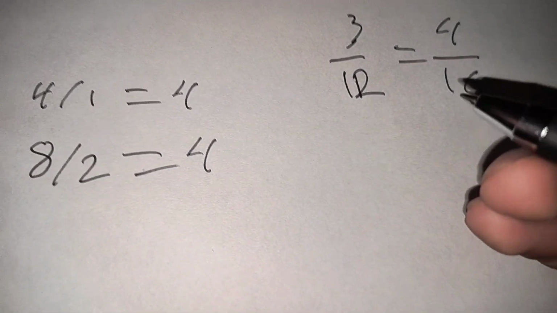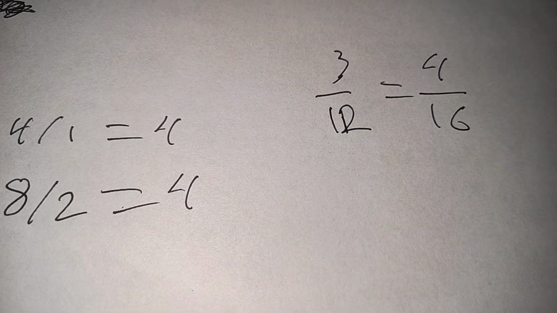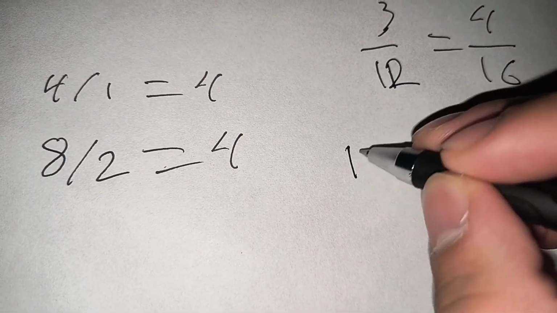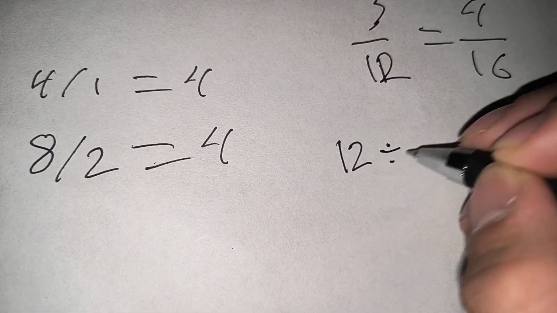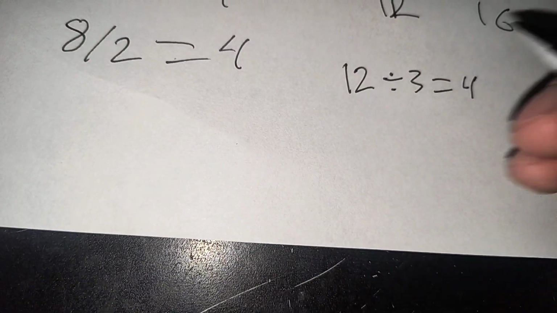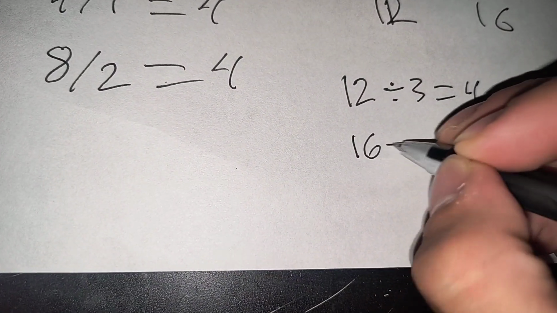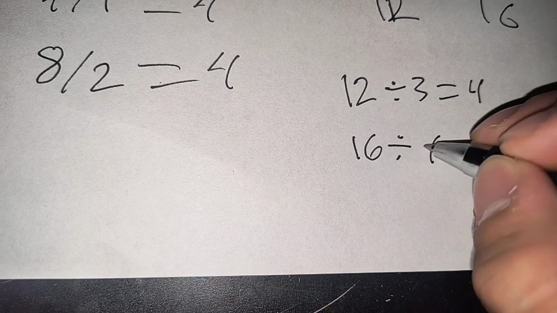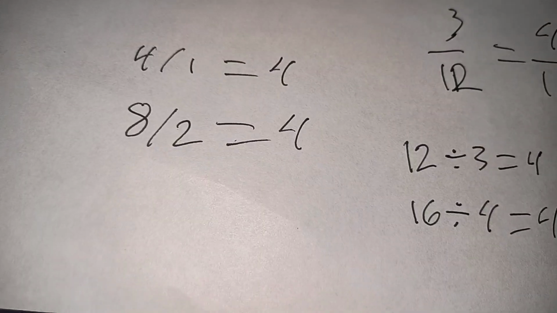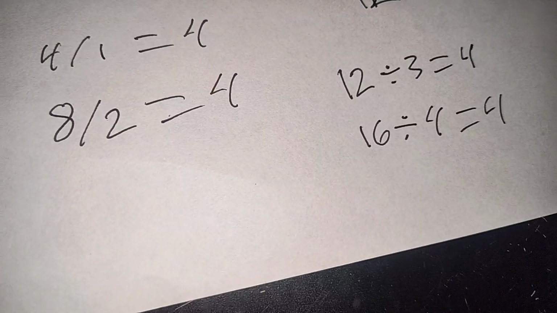Well, again, we can divide it. 12 divided by 3 is equal to 4. And 16 divided by 4 is equal to 4. So these fractions are equivalent, because they make up the same part. It takes the same amount of them to make up a whole.